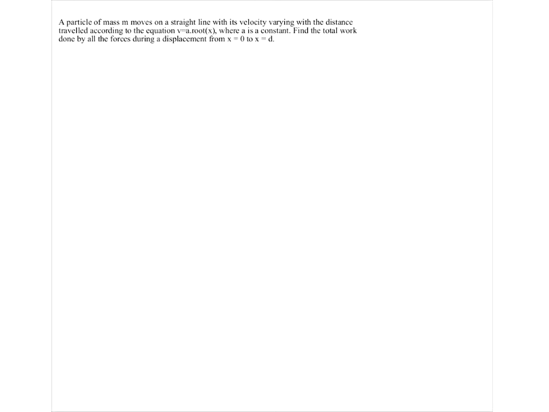If it is constant, fine. But actually you don't need the fundamental definition approach to do this problem. Work done by all forces is asked. You should go for the WET theorem. Try it out.